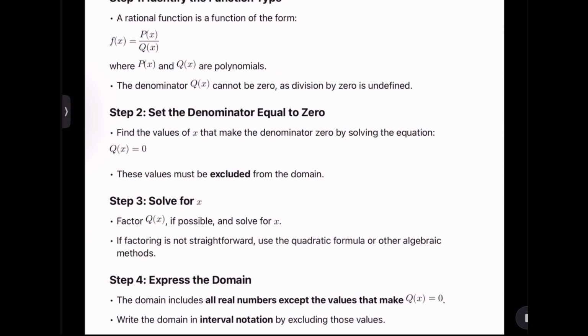If I told you to write the domain in set builder notation, would you know what to write? No. So would you just write the domain in set builder notation? Because whoever's reading those directions is going to be like, what is that? Is that fair?